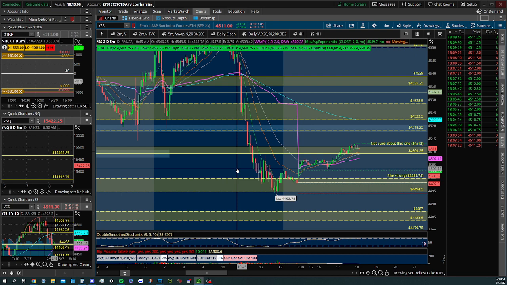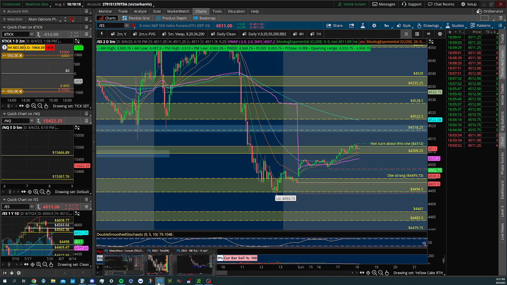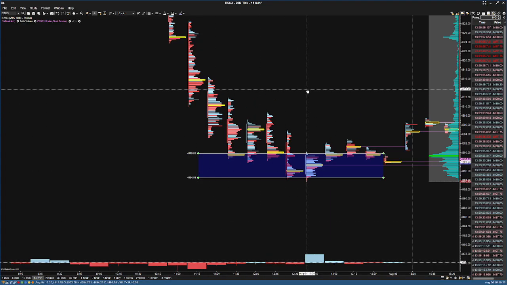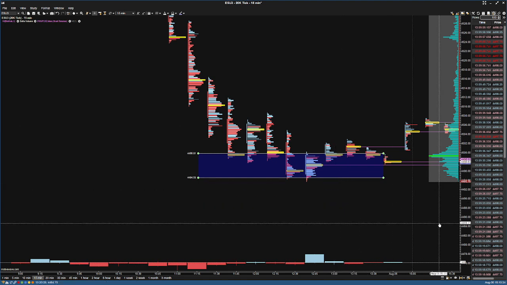So finding good zones based upon negative and positive delta on the footprint charts, it lined up perfect with this. I think it's a great example of what he was doing, showing people, and how it translates to supply and demand zones that we kind of have in other ways as well.